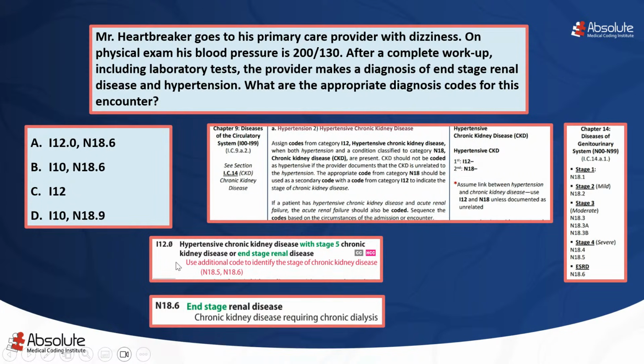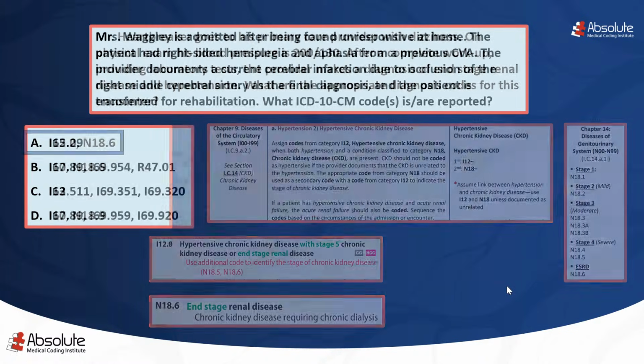And that second code is going to be N18.6, end-stage renal disease. That is going to make our answer A, which I believe, again, everyone put in the chat. So great job if you got that one right. That was a great first scenario to start off on. Let's move to our next scenario.